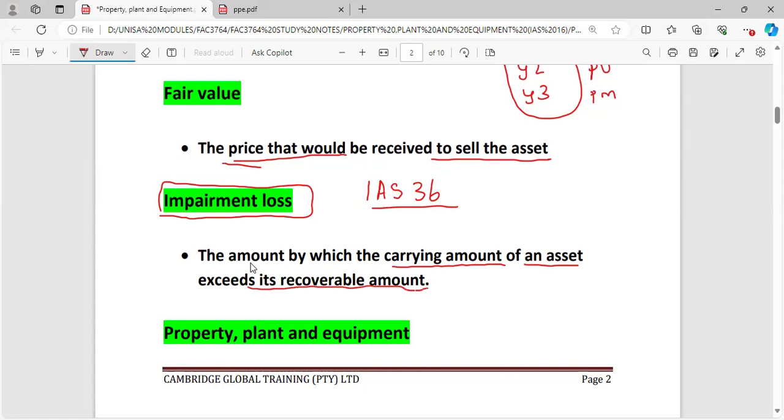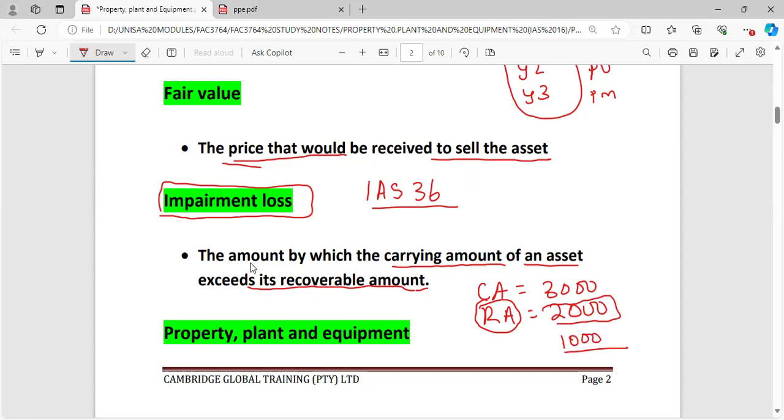For example, you have calculated your carrying amount to be 3,000, but you see that the recoverable amount is 2,000. Which means this is what you can recover from the asset. So you need to bring down the asset to the recoverable amount. So 1,000 is going to be impairment loss.